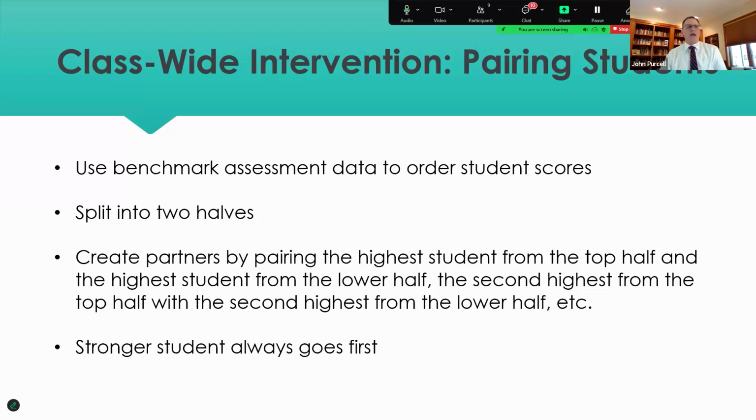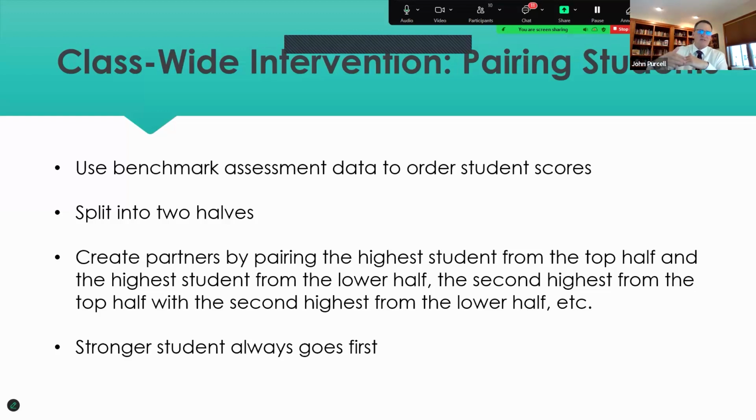So class-wide intervention, pairing students. We're going to use the benchmark data to order those students. If I give a benchmark assessment and I'm looking at 10 students, I'm going to order them, and I'm going to split between 5 and 6. So I have two halves now.